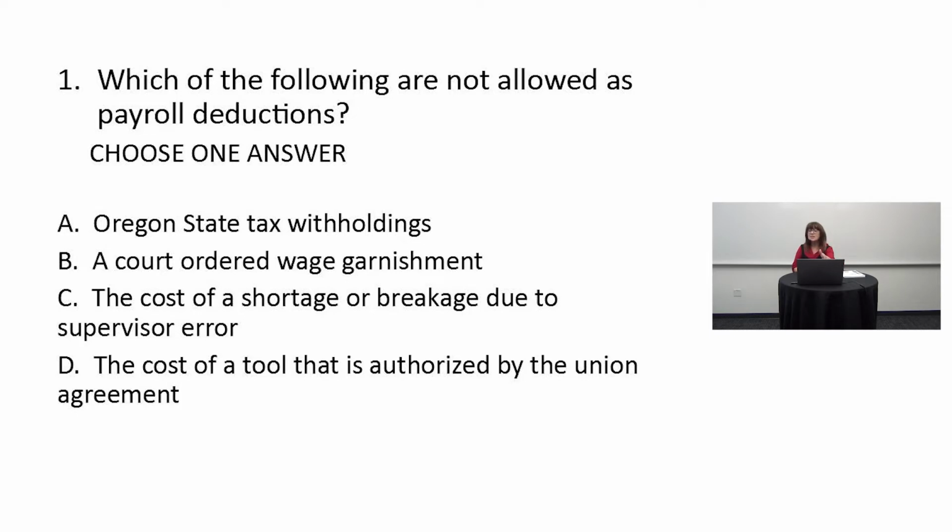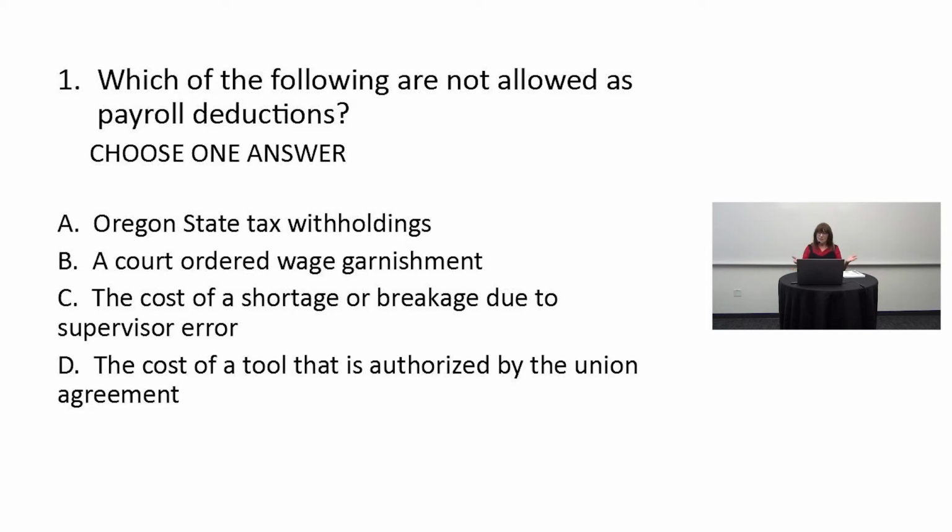C, the cost of a shortage or breakage due to supervisor error. D, the cost of a tool that is authorized by the union agreement. Which answer do you think is not allowed as a payroll deduction?